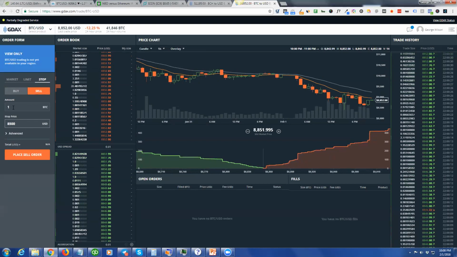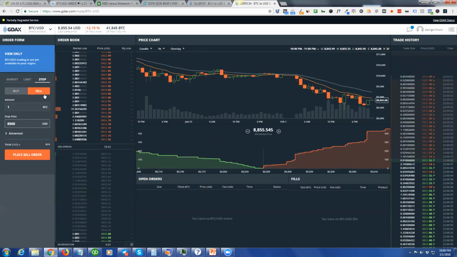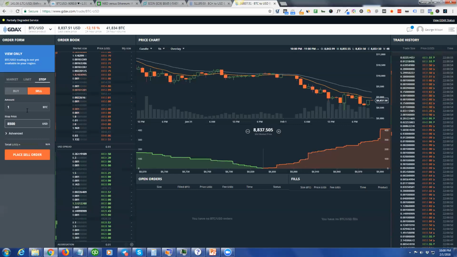Okay. I'm not going to talk about buy stops. That's a little bit more of an advanced strategy that we'll get into later. But to do just a regular stop, once you buy a Bitcoin or buy a portion of an asset, you want to put your stop sell. You're telling GDAX to sell mine if it goes down to that price because I guessed wrong.